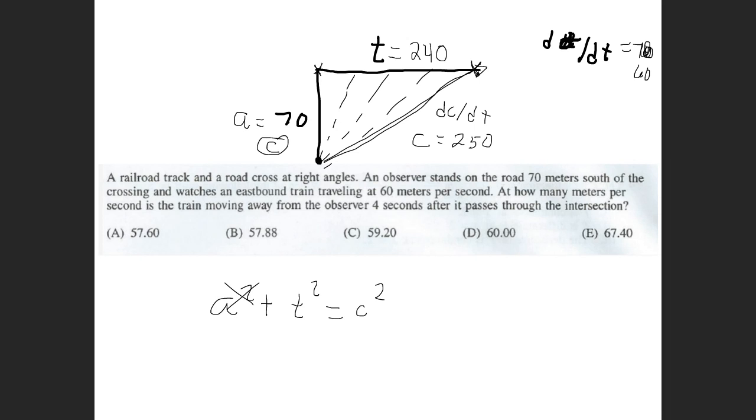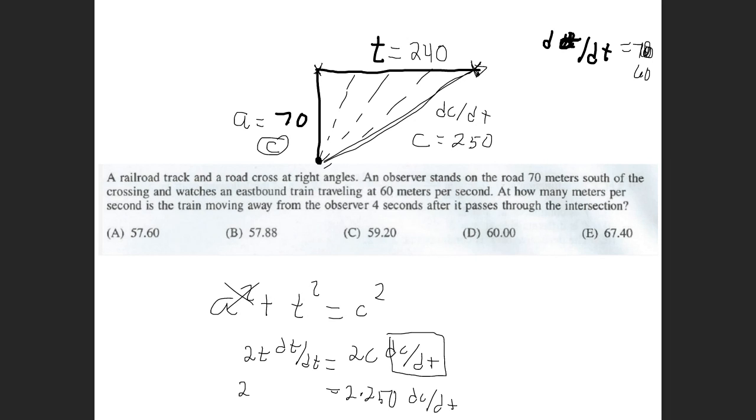Well, if I take the derivative here, I get 2T dT/dt is equal to 2C dC/dt. All right, I'm looking for this. This is how fast it's moving away. So this is 2 times 250 dC/dt is equal to 2 times 240 dT/dt, and dT/dt is 60.